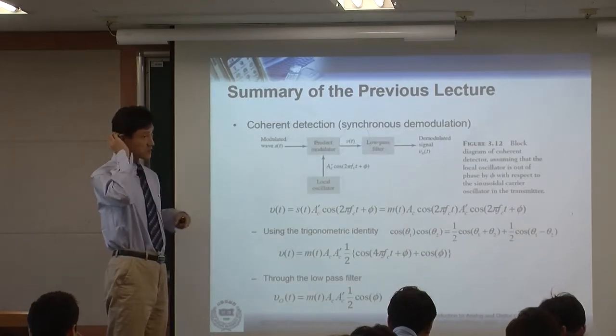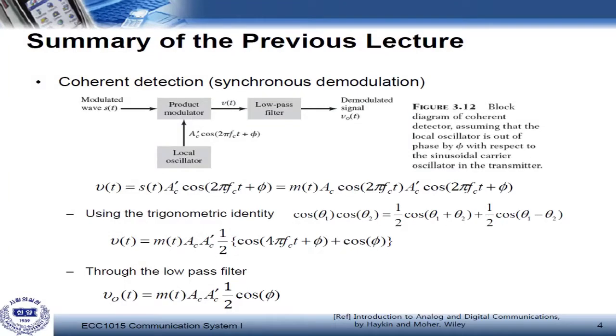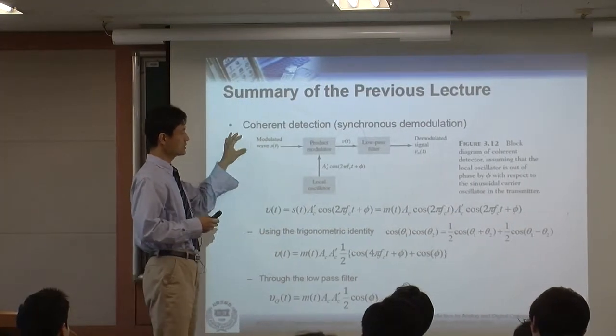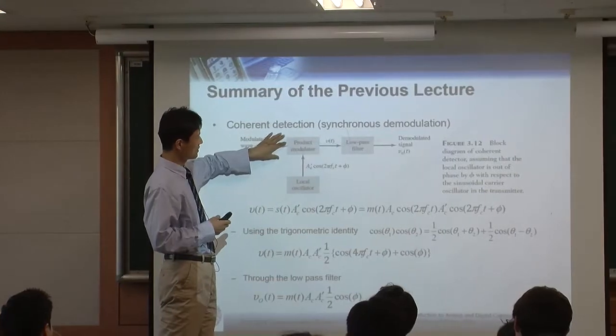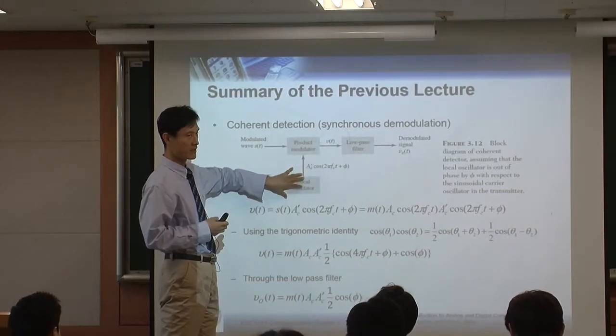Now after you transmit such a signal, we need to think about how to receive it. This is a receiver. The previous one was a transmitter, but this is a receiver. You receive s(t), the signal that we just looked at, and this s(t) comes into the receiver. In the receiver, the first thing to do is multiply by the carrier again.